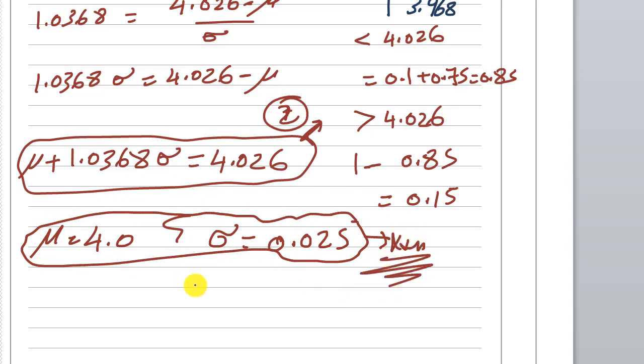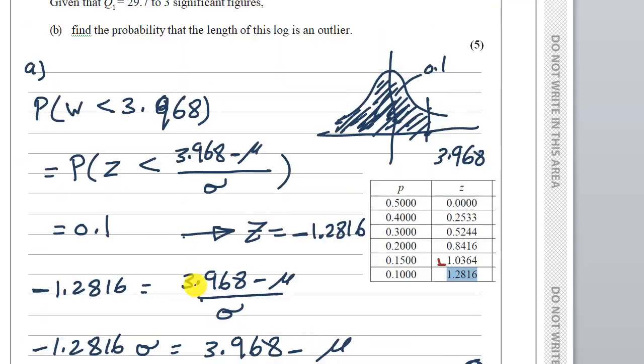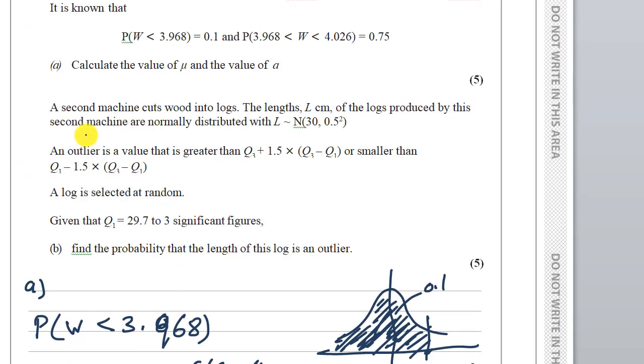Okay, so let us go ahead to another part. Now a second machine cuts wood into logs. The lengths L centimeters of the logs produced by this second machine are normally distributed with L ~ N(30, 0.5). So mu equal to 30, sigma equal to 0.5.